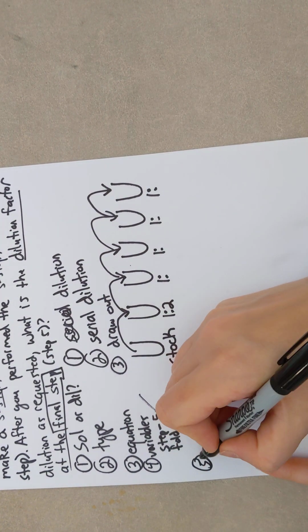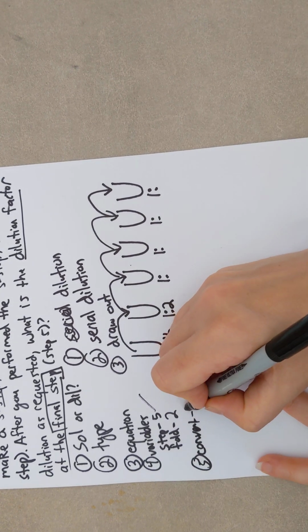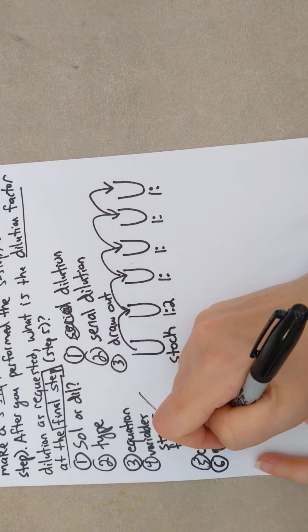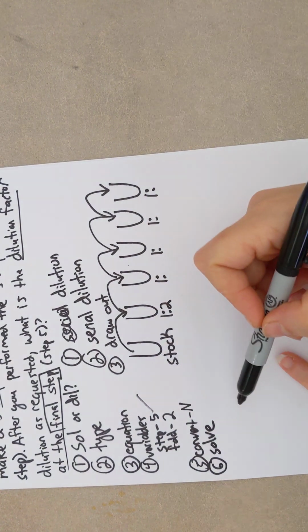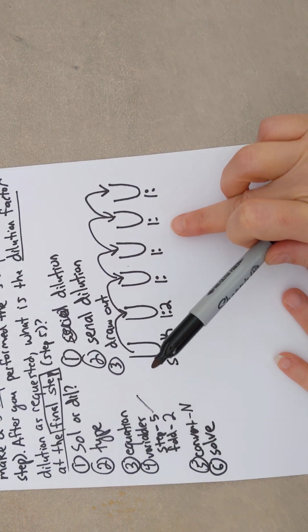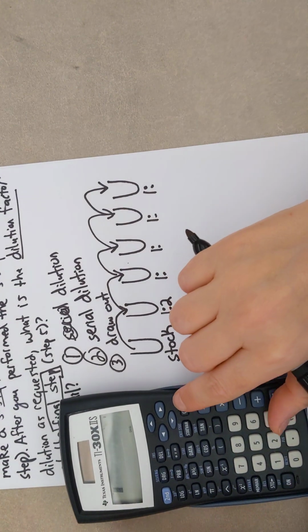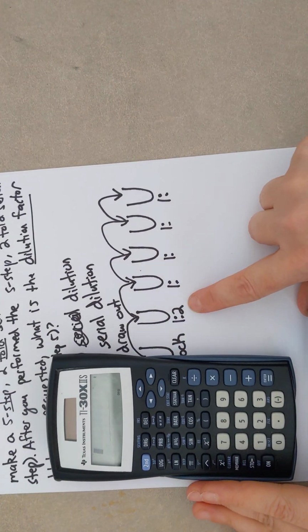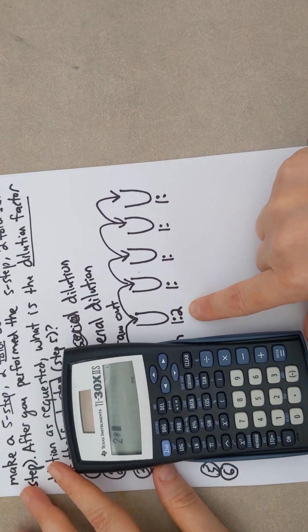Then we move on to step 5, which is convert. Because we are dealing with dilution factors, there is no conversion. Then we get to step 6, which is solve. To solve, I need to finish filling in these additional dilution factors. How I do that is I take the first fold, which is 2, and multiply it by the fold.